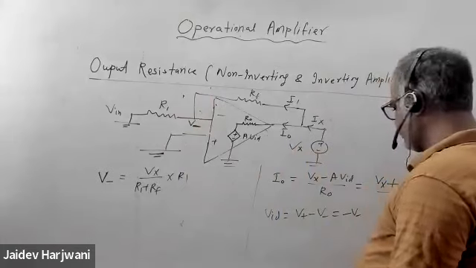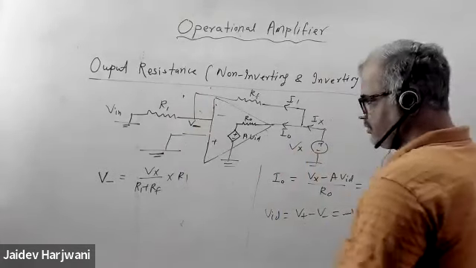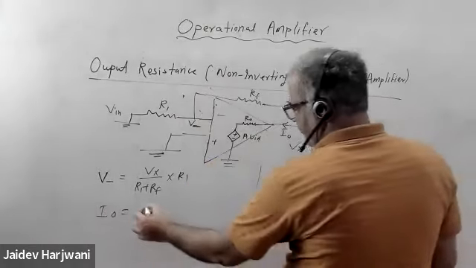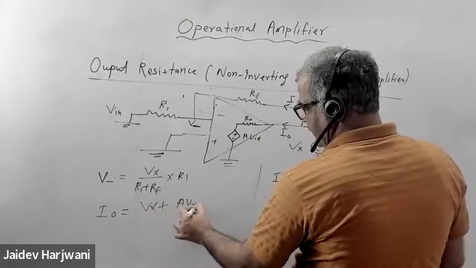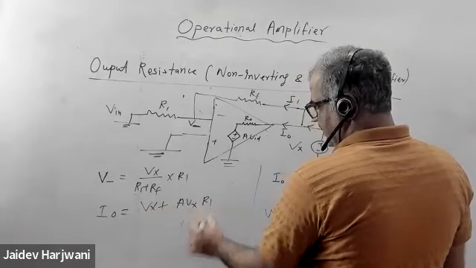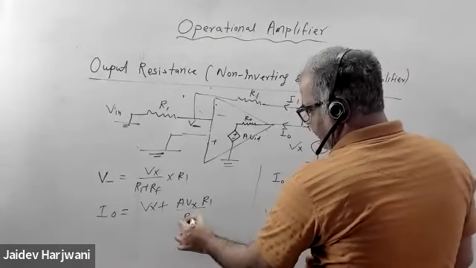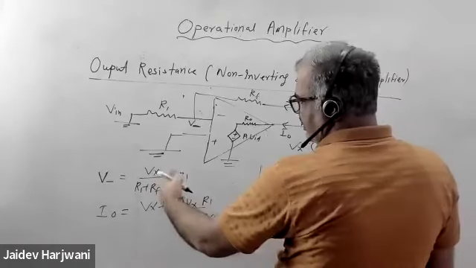Now you have the V minus value here, and you can put this value here. So your I naught will be Vx plus A Vx R1 upon R1 plus Rf, divided by R naught.